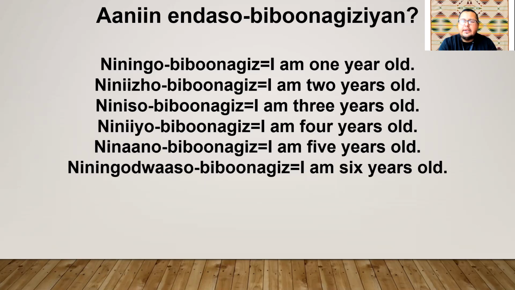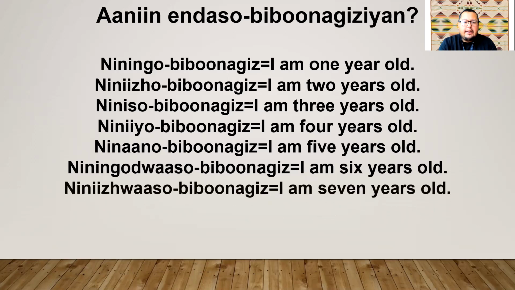Neningo-dwaso-biboonagiz, I am 6 years old. Next one, Nenijwaso-biboonagiz, I am 7 years old.